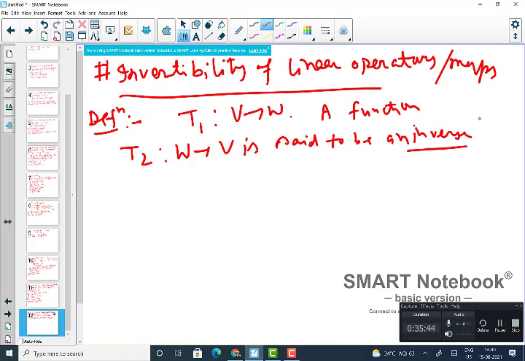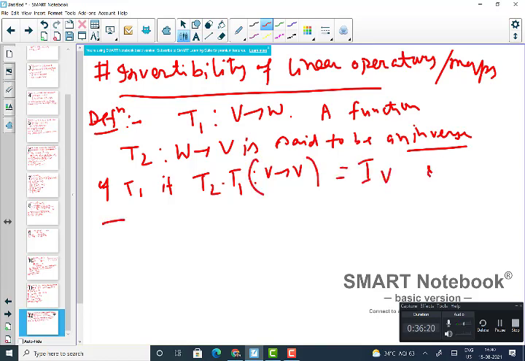When I'm saying inverse, I mean that it is a two-sided inverse of T1 if T2 composed with T1, which goes from V to W and W to V, so this is mapped from V to V, is actually the identity map on V, and the other way also, T1 composed with T2, which is mapped from W to W, is the identity map on W. If this happens, then we call T2 an inverse of T1.